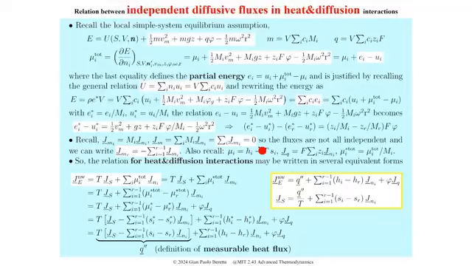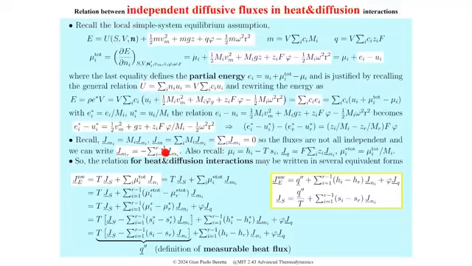So we can recast the equations by picking, for example, the last one. So the flux of the last constituent, this is the mass, is equal to the negative of the sum of the fluxes of masses of the remaining constituents.